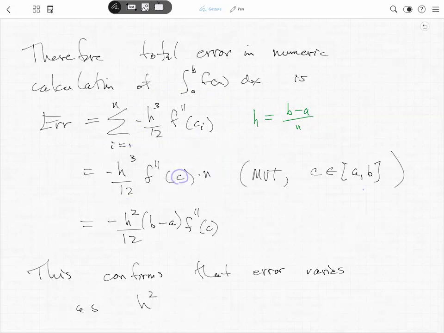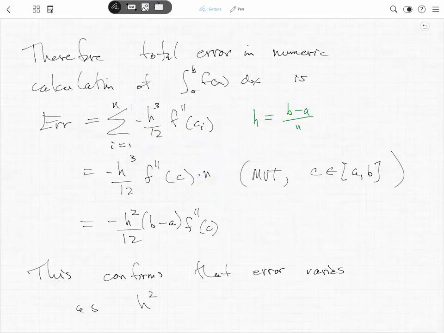Somewhere between a and b, f double prime of c will have the correct average value to make this formula come out right. Okay, so the total error is going to be something like h cubed over 12 times f double prime evaluated at c times n, because that's the number of terms there are here. Right? There's going to be n terms.